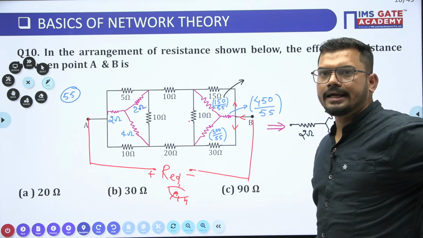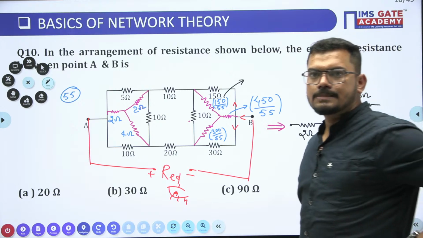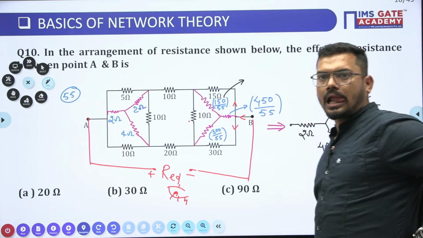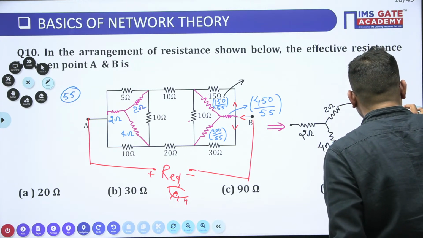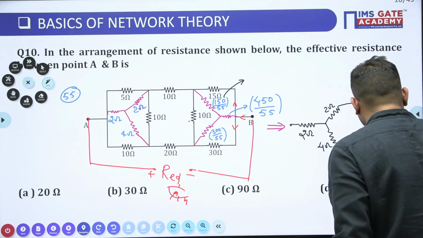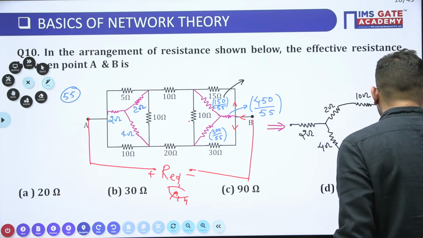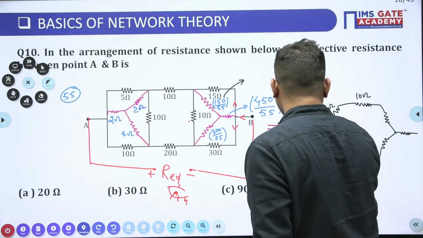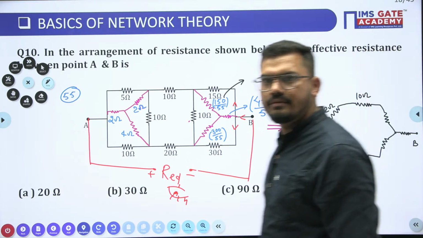Just tell me the value, guys, of all these. And the last resistance is this. This terminal is A and this terminal is B, guys. Just tell me the value.